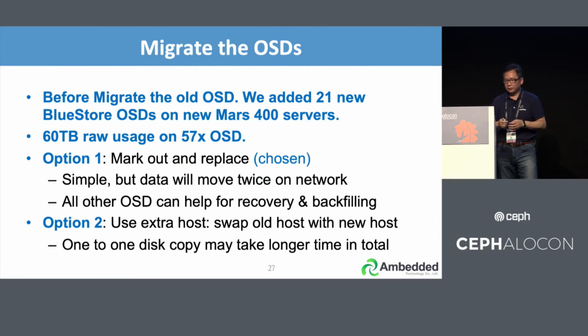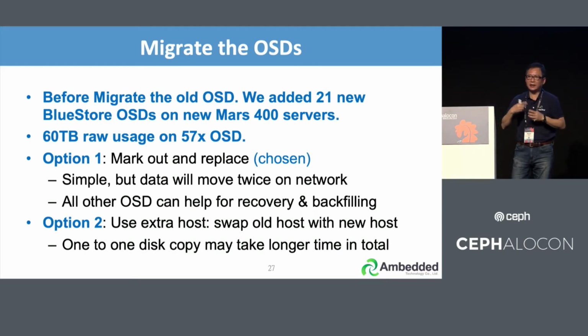And the second option is to use an extra host, and swap the data from the old OSD to the new OSD. This is like a disk copy, one by one. And we decided to choose option 1 because we think it will be faster.